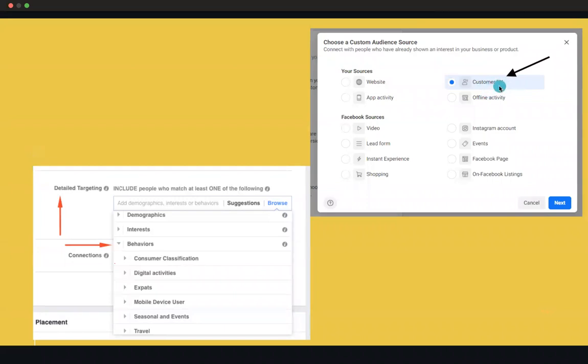That's if you want them to come back and buy. Maybe you have a new arrival, you've had 10,000 people that bought from you before, and you want to say, new arrival, we have new products in stock. All you need to do is upload their phone numbers on Facebook, and Facebook will target them wherever they are. Then app activity, if you want people who use your app, you want to retarget them, you can do that. We're not talking about app here.